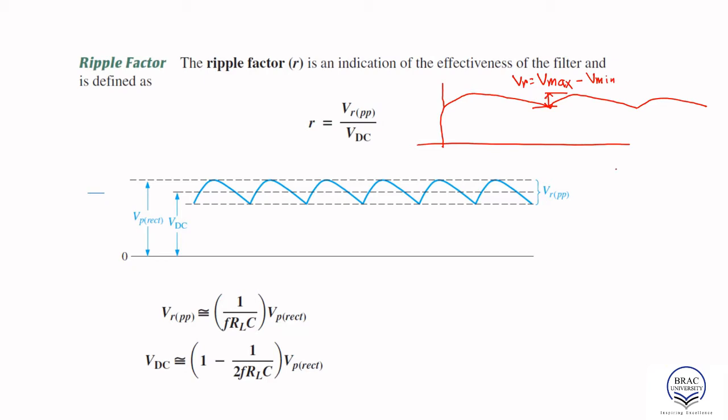And we already learned that if we select the values of R and C bigger, both of them bigger, it will take a longer time to discharge.